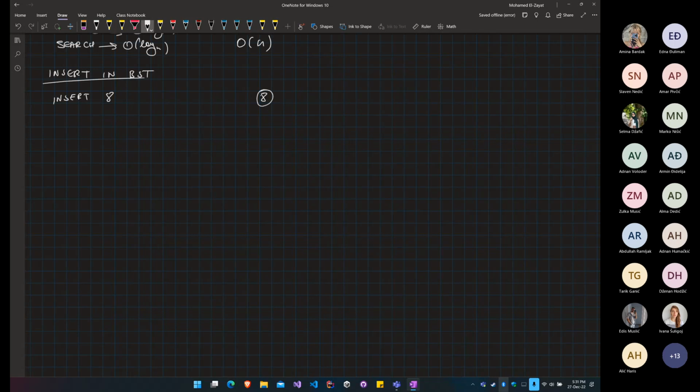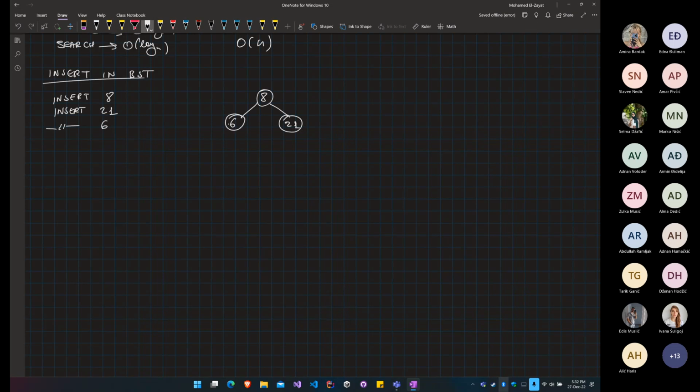First node, 8. You say insert 21. Because 21 is larger than 8, it will go right here. You insert 6. 6 is less than 8. It will go here.